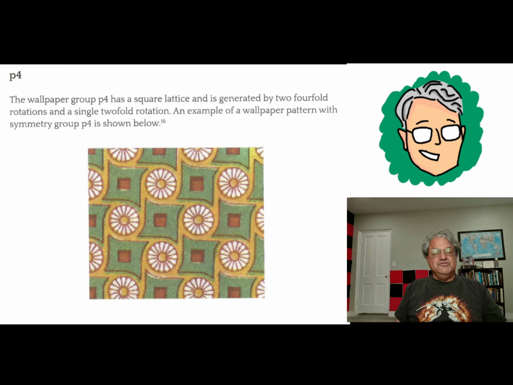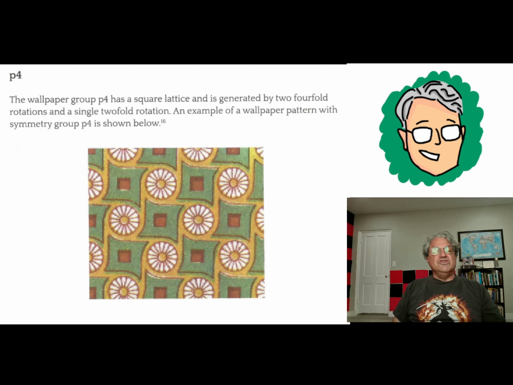generators and one twofold. So I think you'll notice that, for instance, if you rotated 90 degrees about the center of any of these daisies, it would look the same. But not only that, if you rotated about one of the red squares 90 degrees, it would look the same. So those are two fourfold generators, but then you also have twofold generators.